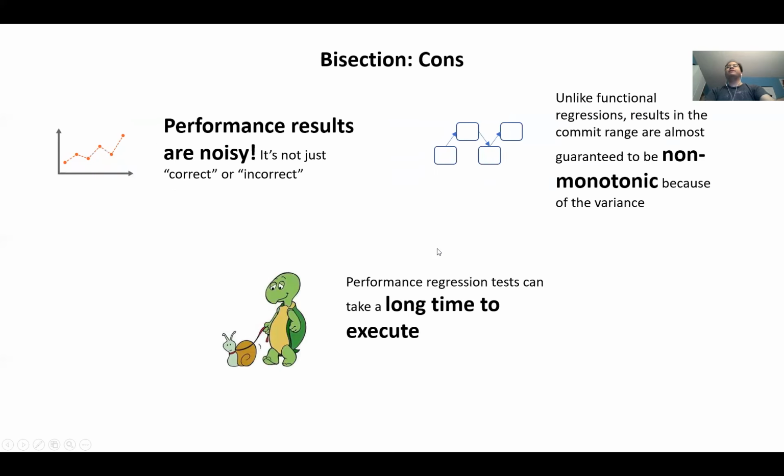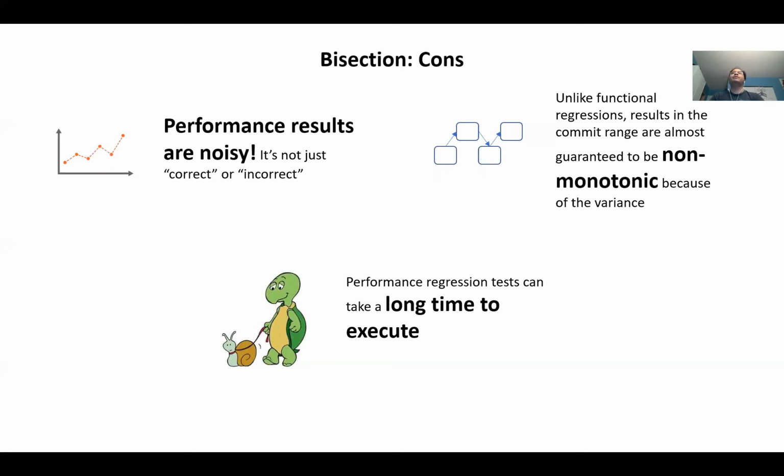But there are some disadvantages, some cons that we need to consider as well. One very important con is that the performance results are very noisy. For functional bisection, usually, again, it's just a matter of whether it's correct or incorrect. You want to test whether it's passing the test, or maybe it's not passing the test. But in this case, since we're dealing with comparisons, greater than or less than, it's not just a binary metric that we have to consider here.